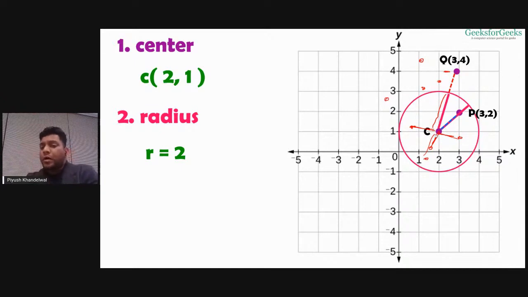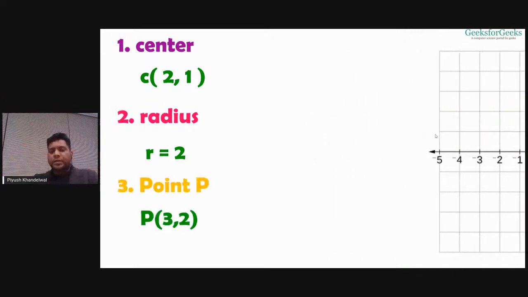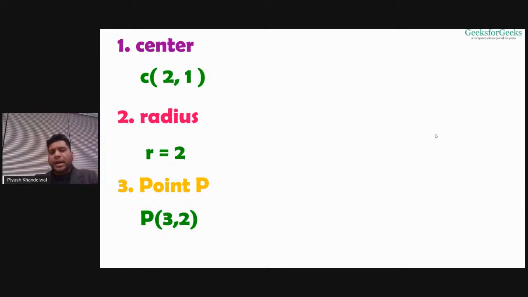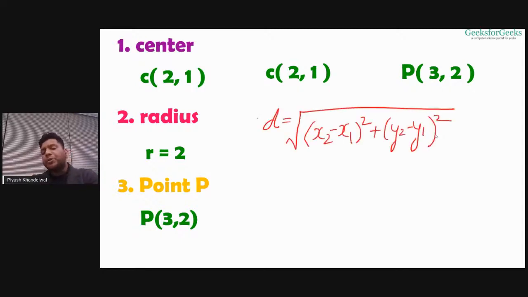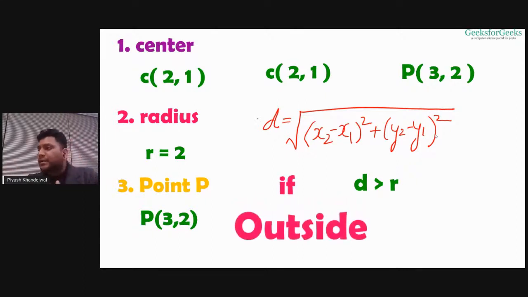So if I'm given these values, I'll simply take the two points, the center of the circle and the point given to me, and compute the distance between them using the Euclidean distance formula. Then I'll compare this distance with the radius of the circle. If the distance is greater than the radius, I can easily say the point is outside the circle.